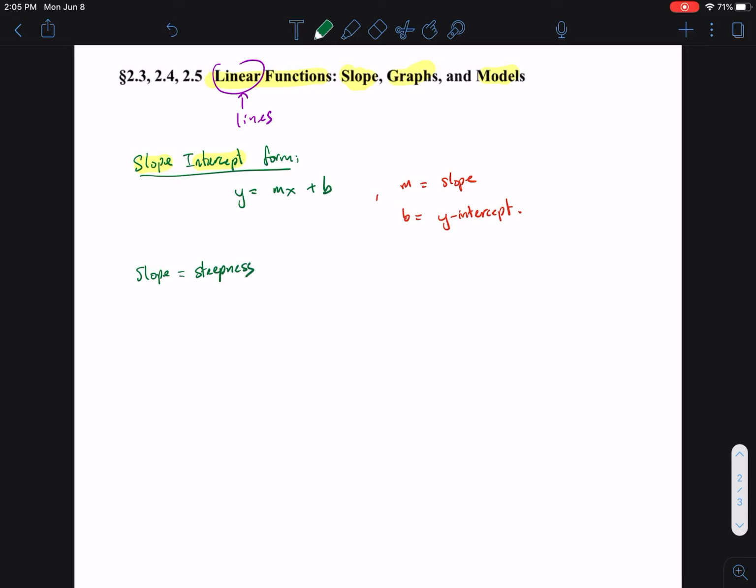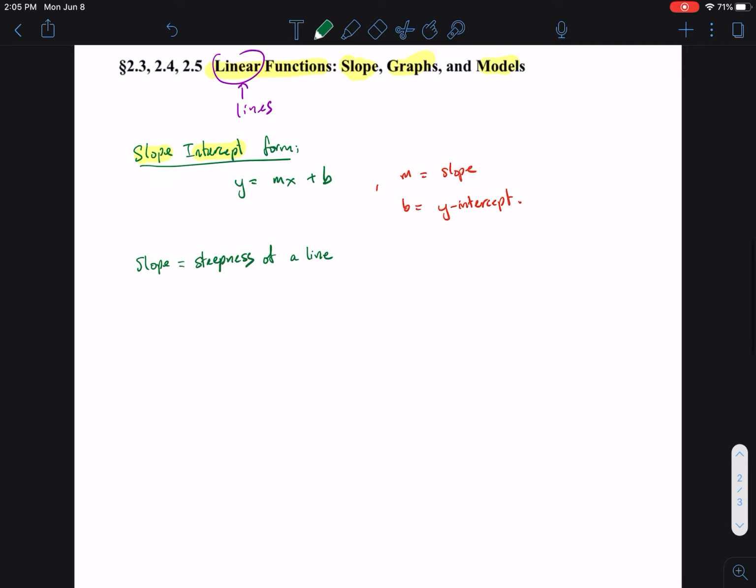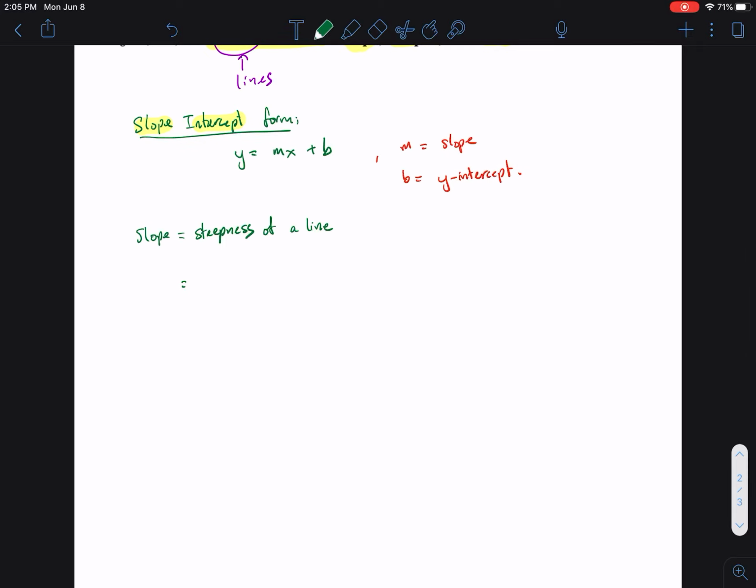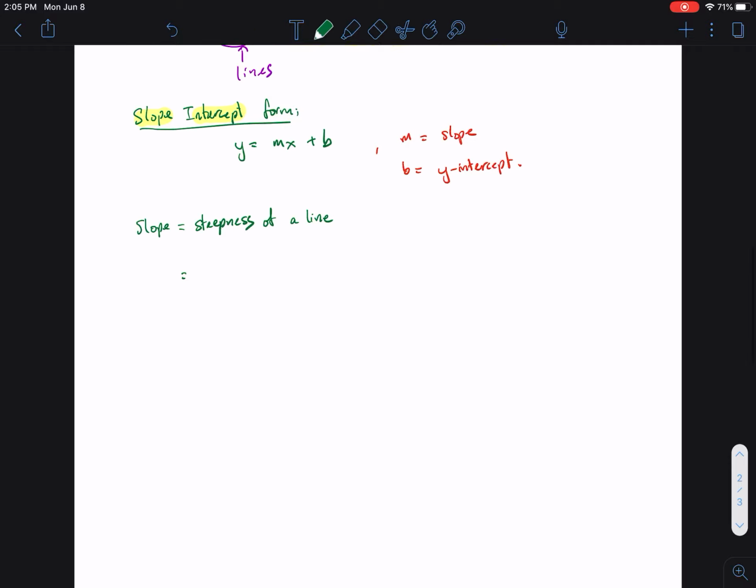To measure steepness in mathematics, we look at the change vertically over the change horizontally, the ratio between the vertical displacement and the horizontal change.